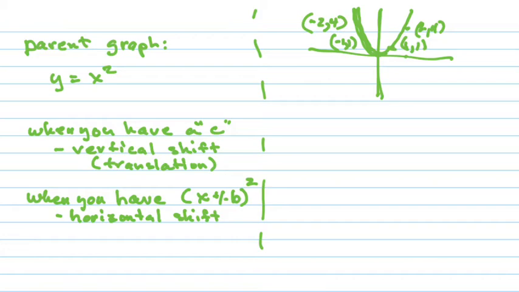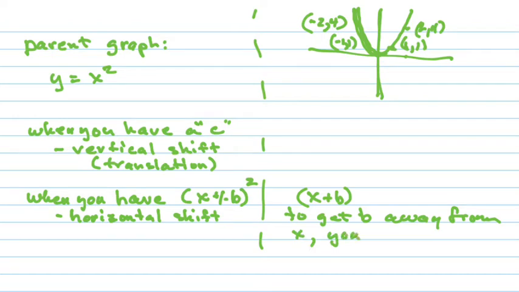Now this one is a little trickier because you're always going to go the opposite of the sign that you see. But an easy way to think about it is if you have x plus b, right? To get the b away from x, you would do the opposite. So you would subtract it.